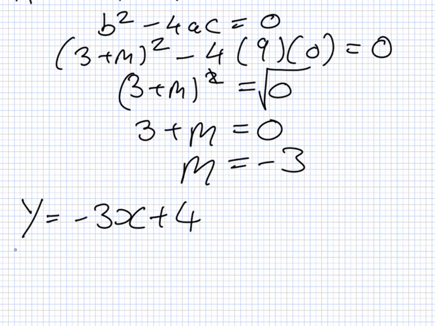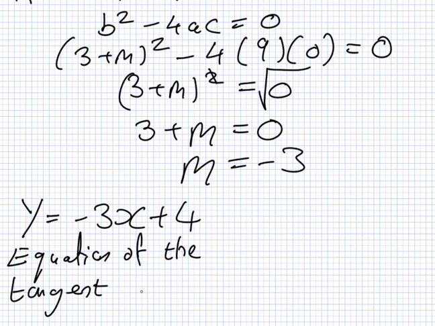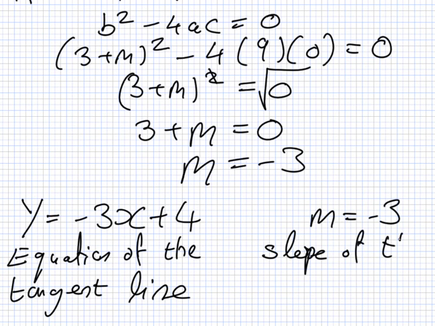This here is the equation of the tangent line. And m equals minus 3. What's that? The slope of the tangent line.